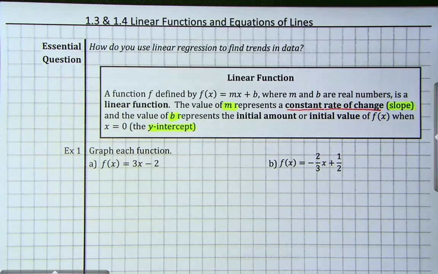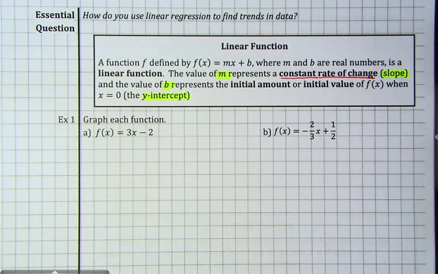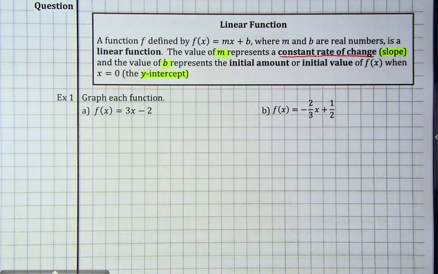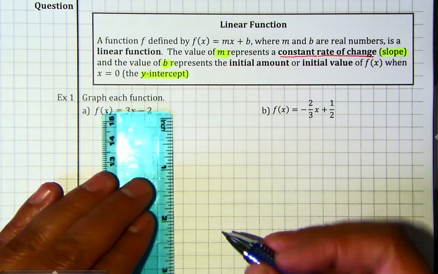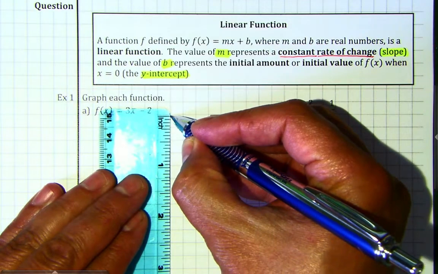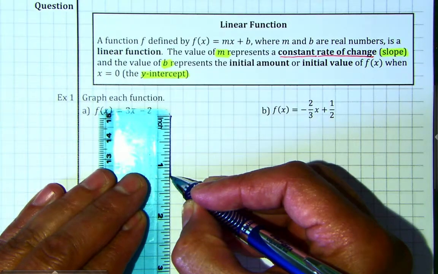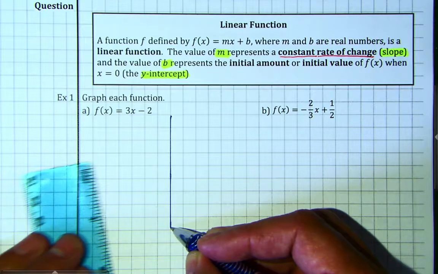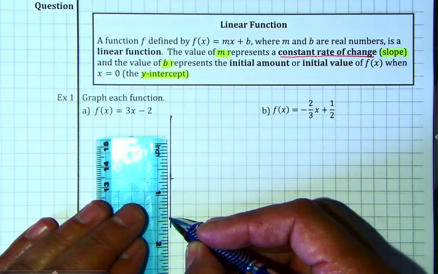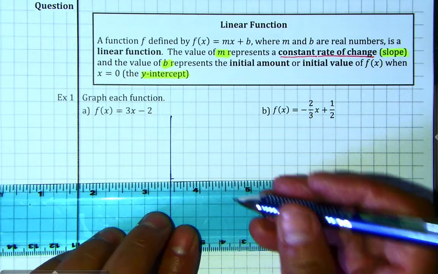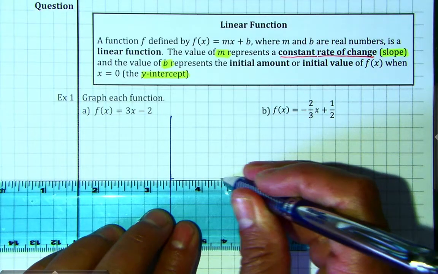So let's go through example number 1. Let's go and make a 5 by 5 graph. Go and cut 245, 245. And you've done this before. You graphed back from 8th grade.